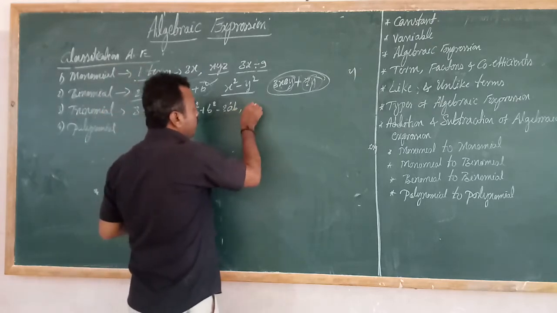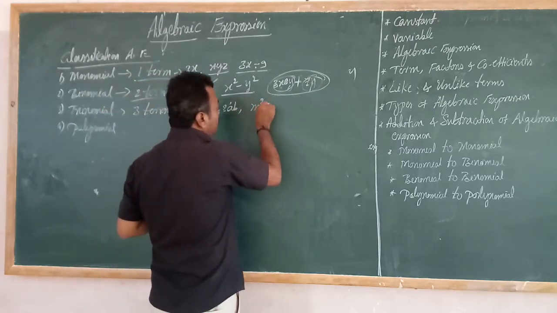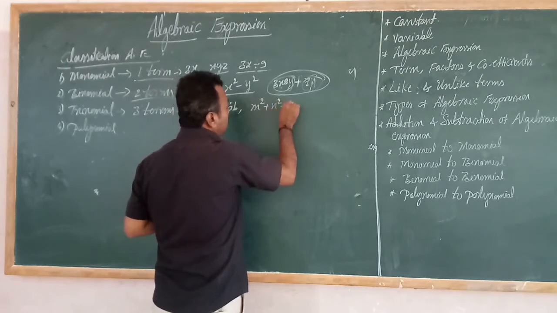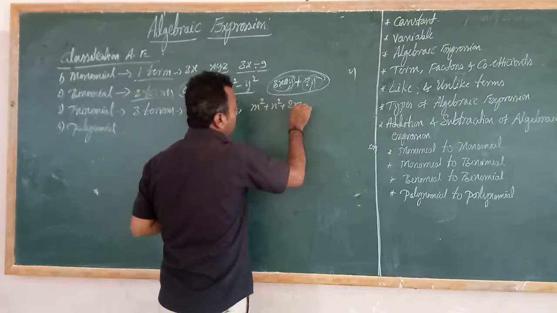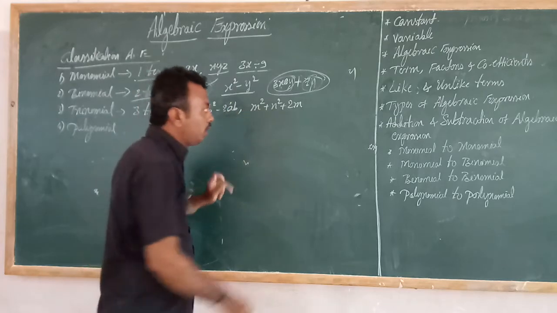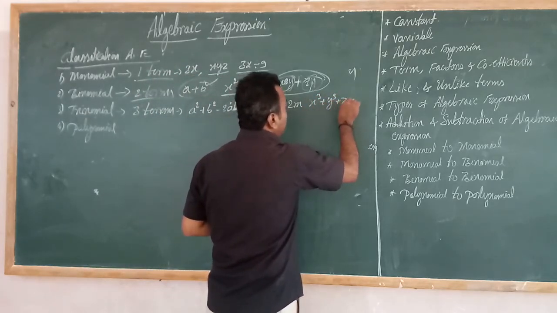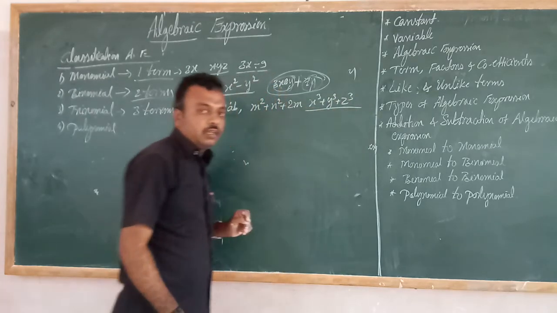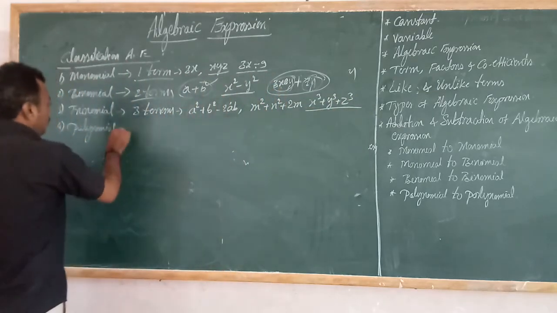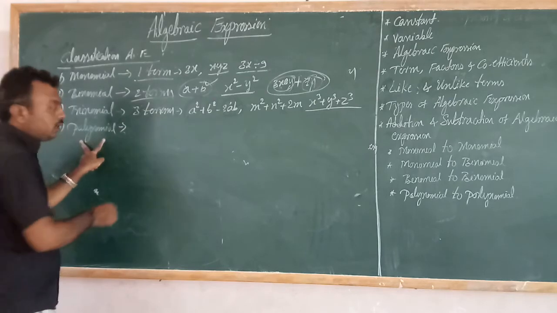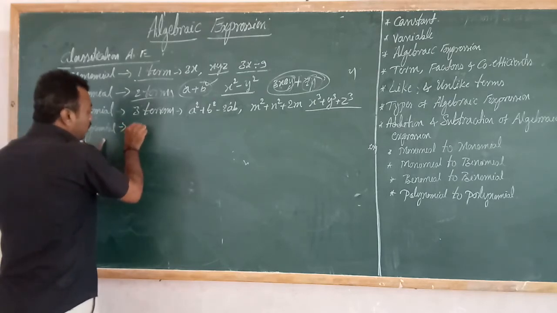And one more thing, m square plus n square plus 2m. This is also a trinomial. And x cube plus y cube plus z cube is also a trinomial. So trinomials have three terms. Finally, polynomial means more than three terms.